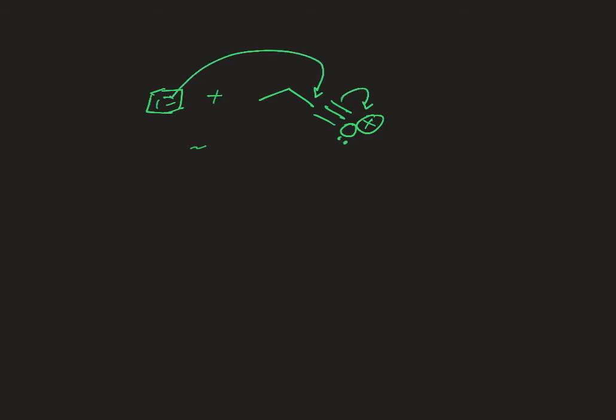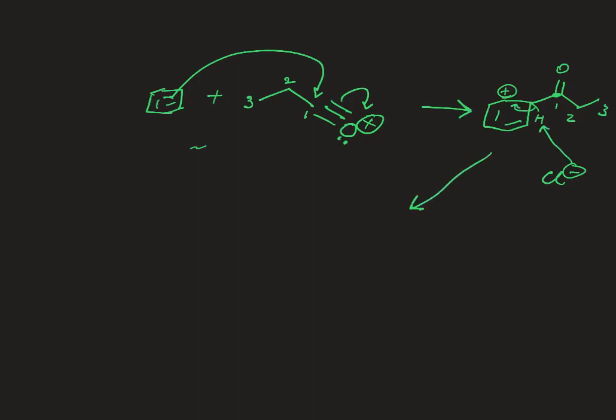Of course, oxygen will pull the electron back. My intermediate is going to look like this: notice my point of attachment is going to be position 1 with the double bond O, three carbons connected to that, and you have a positive charge. And now your Cl minus comes back, picks up the proton, and voila, you get your ketone.